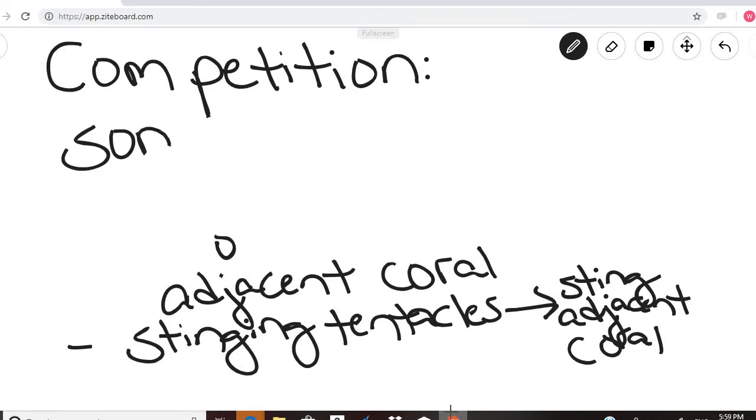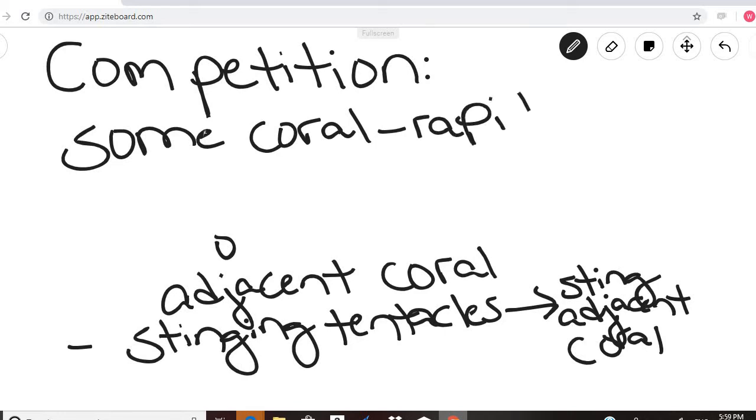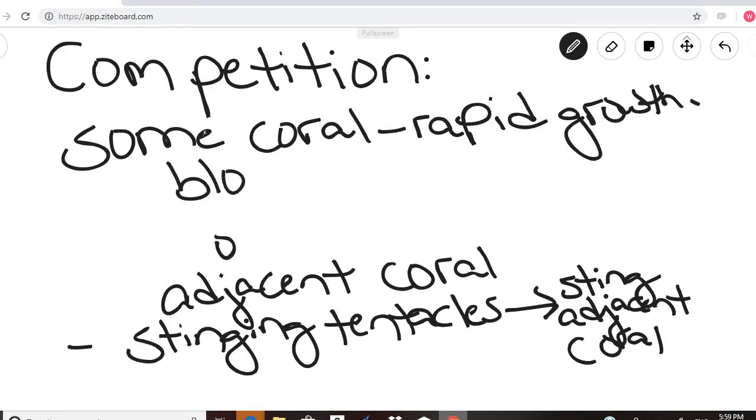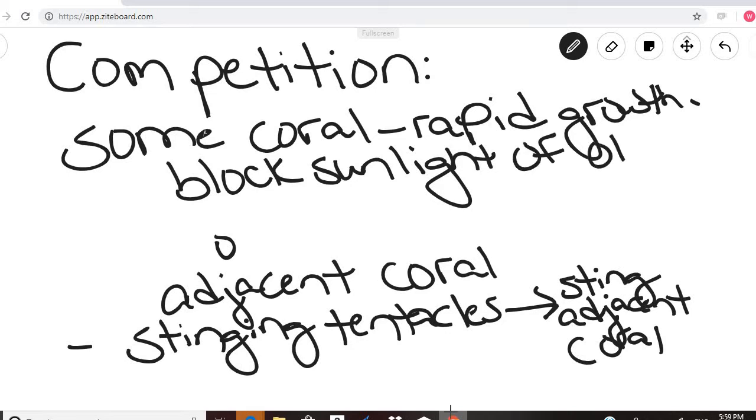Some coral will have rapid growth, and they can grow so rapidly that they block the sunlight for other colonies. And so that also is a way that they can help to dominate a particular area.